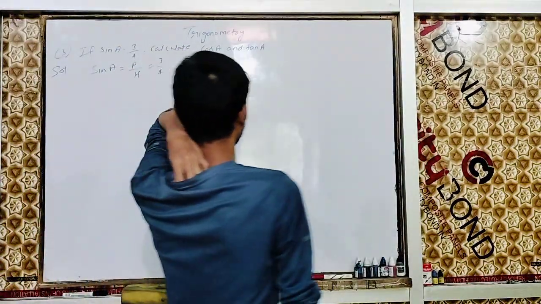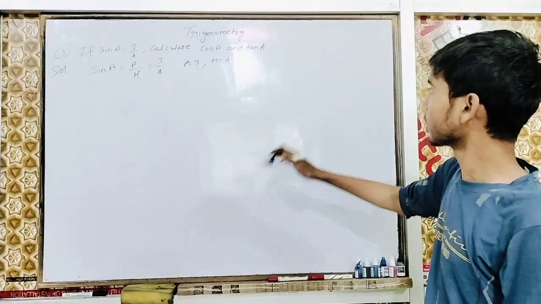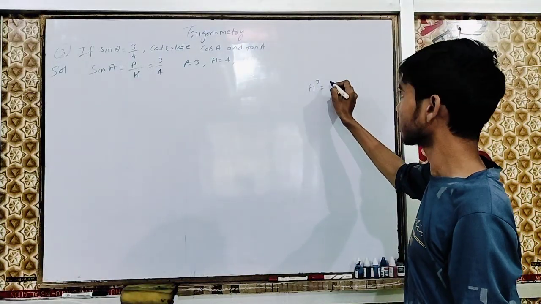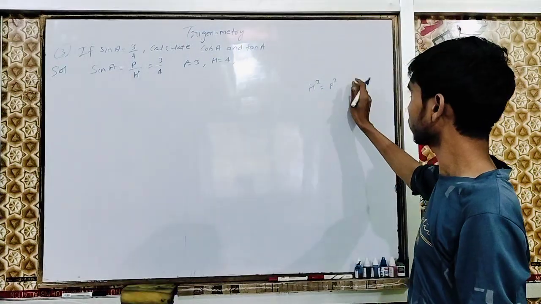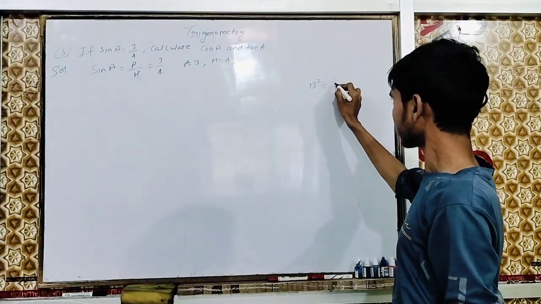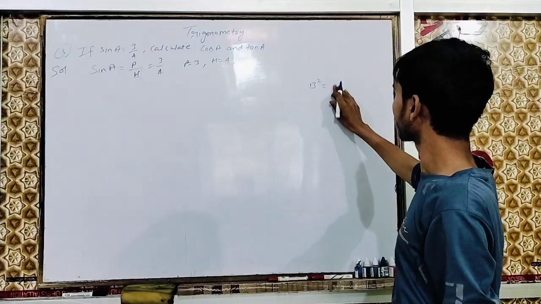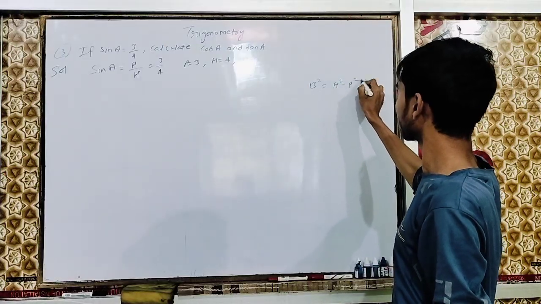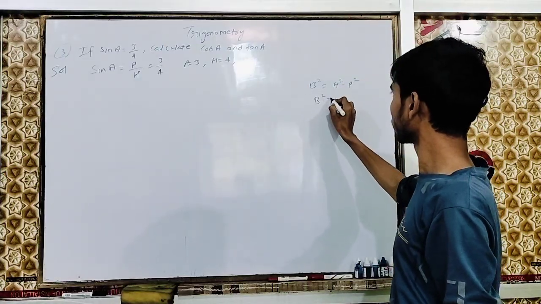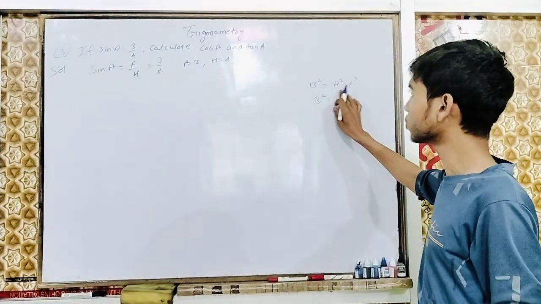For B, we can use the Pythagoras theorem. So here H is given, so H square and P square. B is not given. For B, H square minus P square. H is how much?